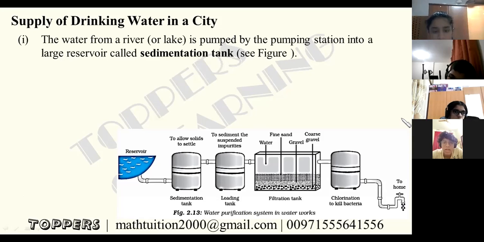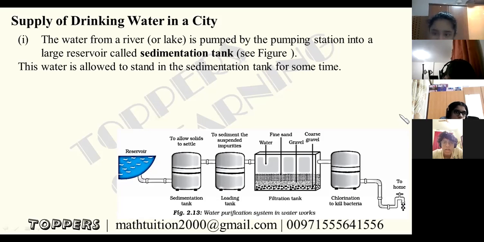First one, the water from a river or lake is pumped by the pumping station into a large reservoir called the sedimentation tank. This water is allowed to stand in the sedimentation tank for some time.